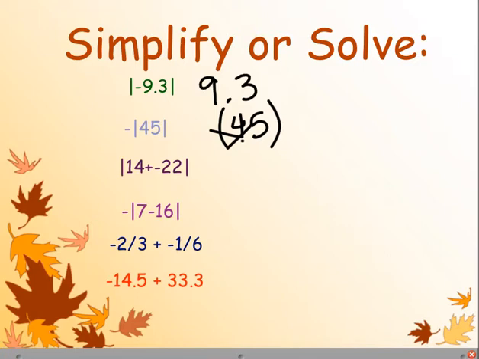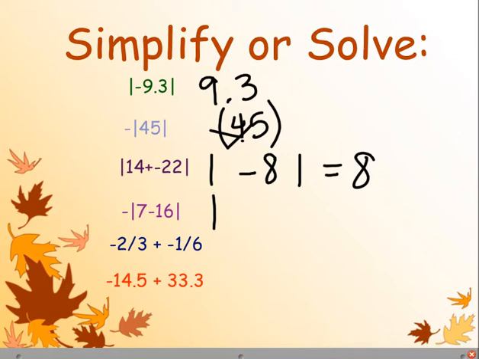But on the next one, we see that there's an operation inside of the absolute value. So we do that first and say 14 plus a negative 22. Well, that gives us a negative 8. Okay? Remember, different signs we can subtract and keep the sign of the greater absolute value. Well, the absolute value of negative 8 is just 8. And lastly, I'll do this negative absolute value of 7 minus 16.